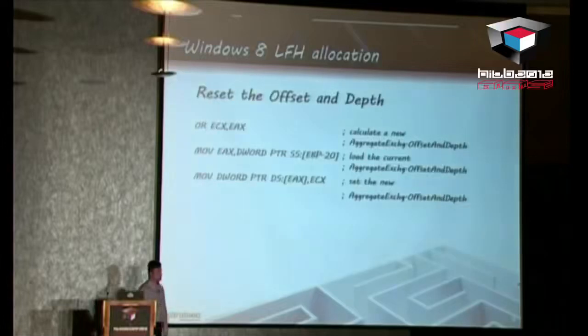I kind of excluded that because it was quite a complex process and it's pretty randomized, and we don't really need to know the actual mechanics of that just yet. Then the offset and depth are updated accordingly, so the depth is decremented if it's on an allocation like it is, and rewritten into the data structure there.